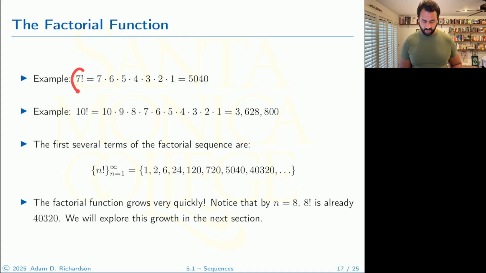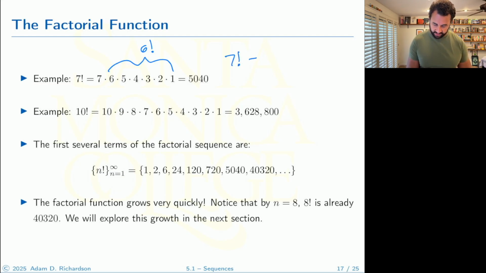Notice here that when we expand 7 factorial, we get 7 times 6 times 5 times 4 times 3 times 2 times 1. Well, check this out. This piece of it is 6 factorial. So really what we can say is 7 factorial is equal to 7 times 6 factorial. That's the recurrence relation manifesting in the expanded form right there.